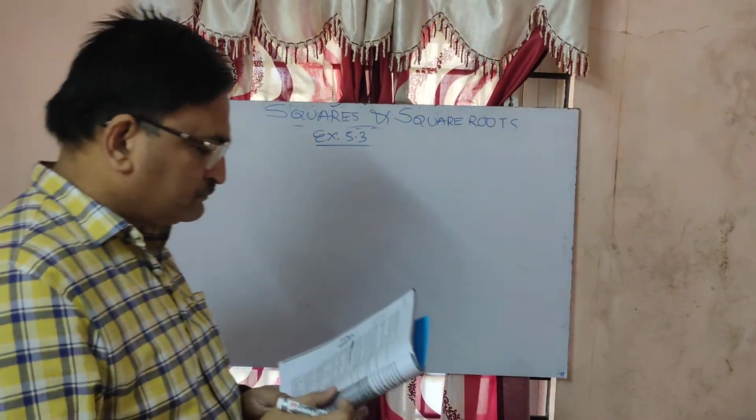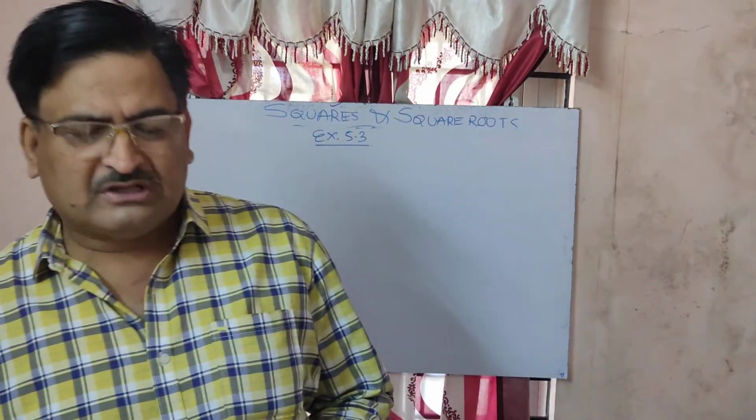Okay. What could be the possible ones digits of the square root of each of the following numbers? Now they have given the square numbers.